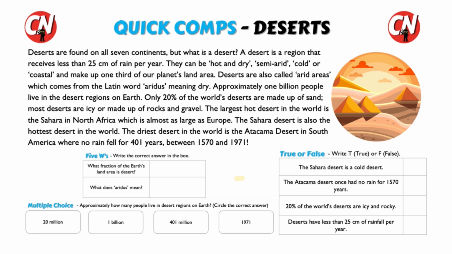It's about deserts, so it's very factual. And straight away, you can probably see some nouns, some numbers, some percentages, all those things. Let's just, we can see those there, 20%, 401, the Sahara Desert, hot and dry. So we've got this punctuation that's hot and dry and semi-arid. So there's loads of bits there that we're thinking, right, what is the key information? I can see some of it already.